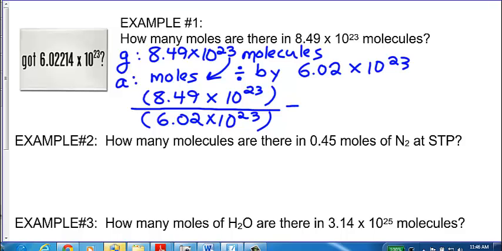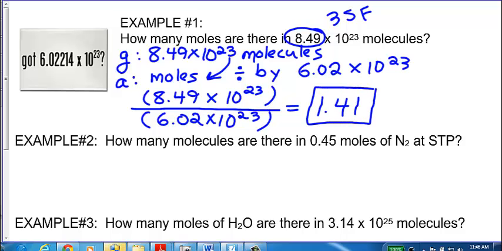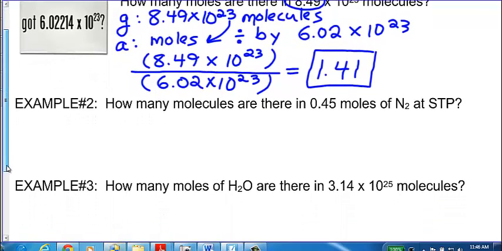Now, the nice thing, since we already learned sig figs, is when I'm dividing, I care about total number of sig figs that are given. This has 3 sig figs. So when I get my answer, I only have to place it in 3 sig figs. So we're going to divide, and you should come up with 1.41 as your answer.